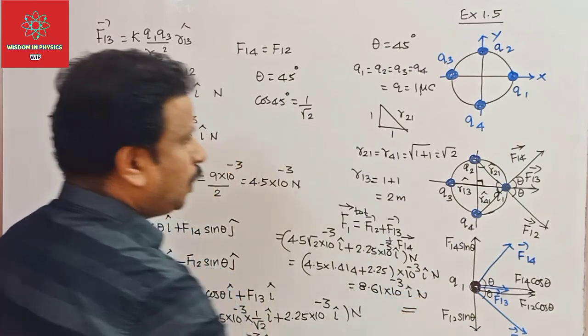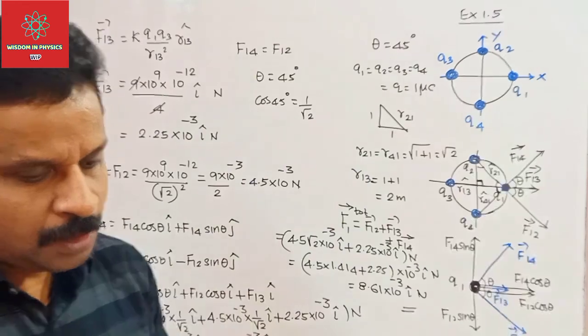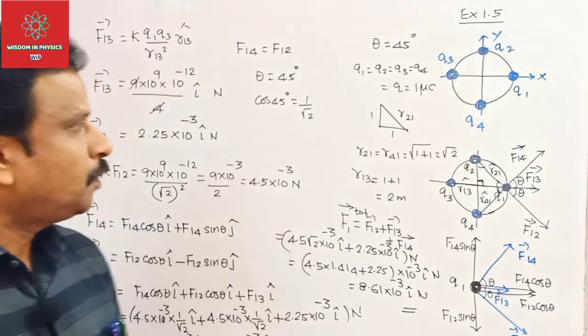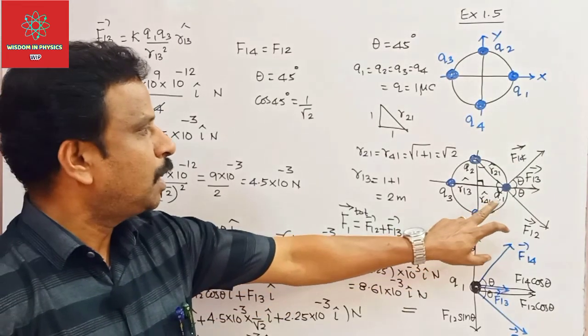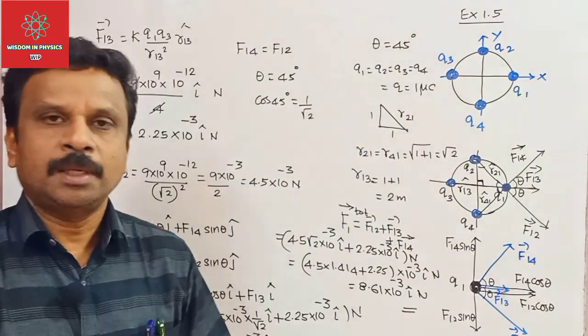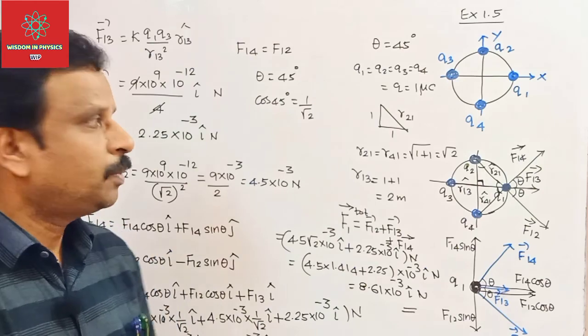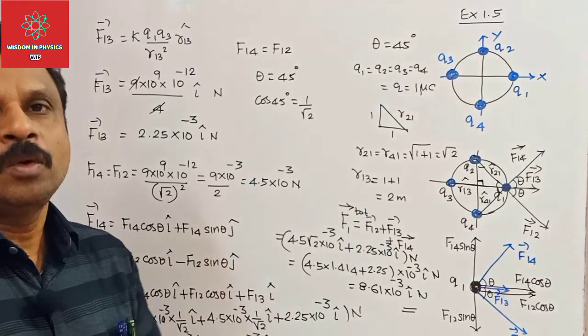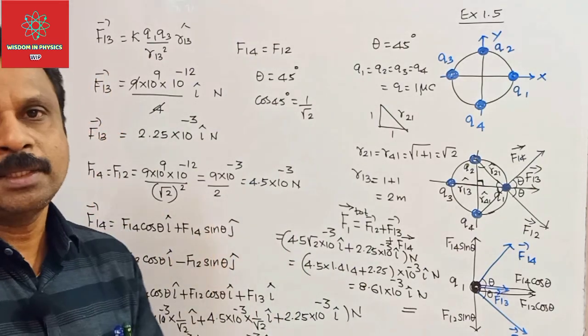So this is the total force acting on the charge Q1 by the remaining Q2, Q3 and Q4 charges. This is a very, very important problem. So you carefully go through each and everything, you will understand. Okay, thank you.